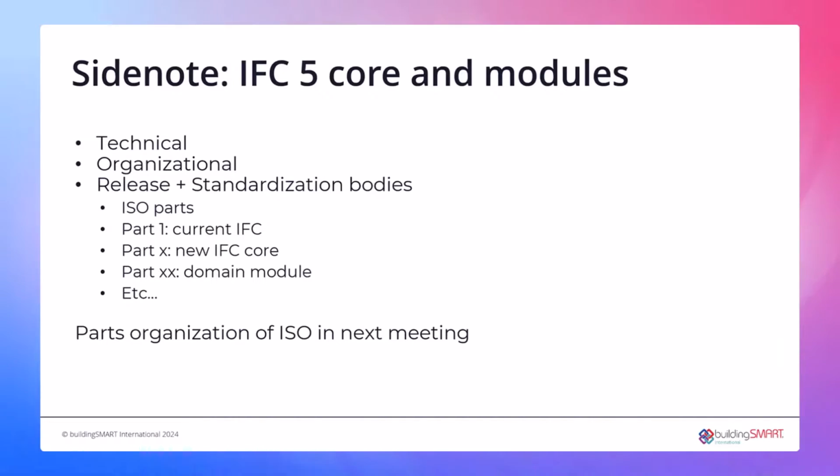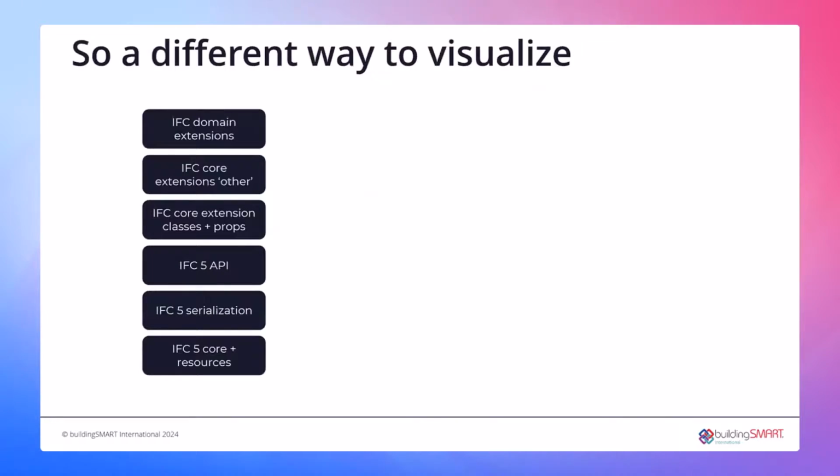I have this side note about the core and the different modules. We're in discussion with ISO at the moment to make sure that we can deliver the ISO parts of IFC more gradually, instead of in one bulk. So what you will get in this delivery is that the IFC5 core and resources come first. This will be part 10 of the IFC standards.